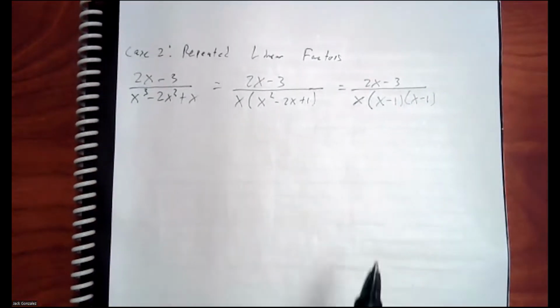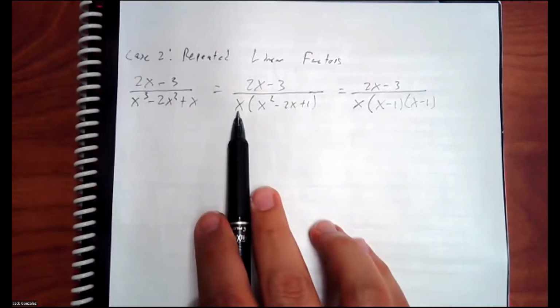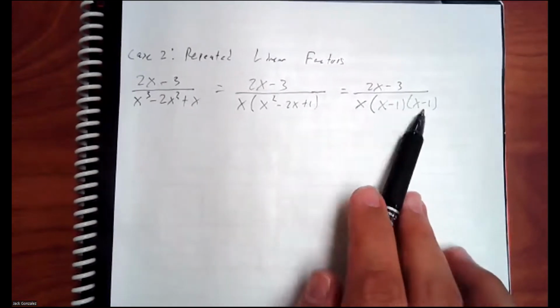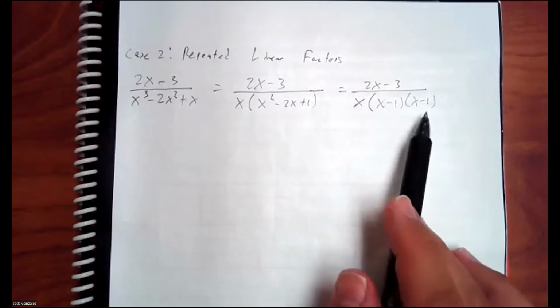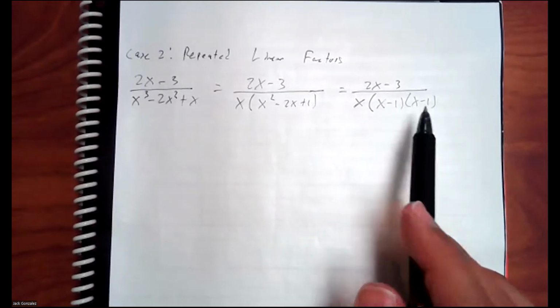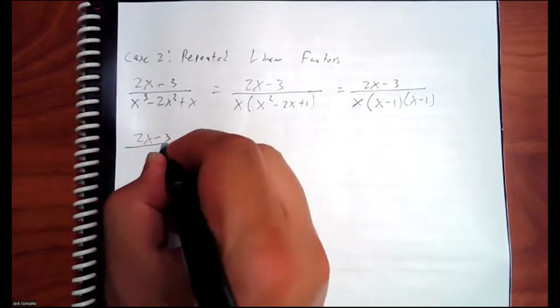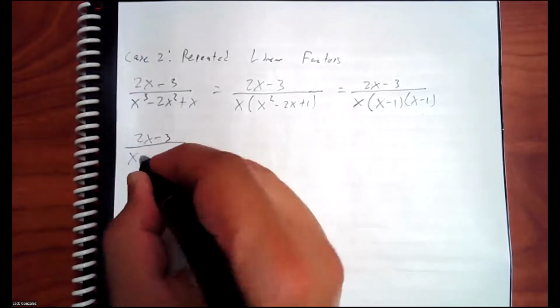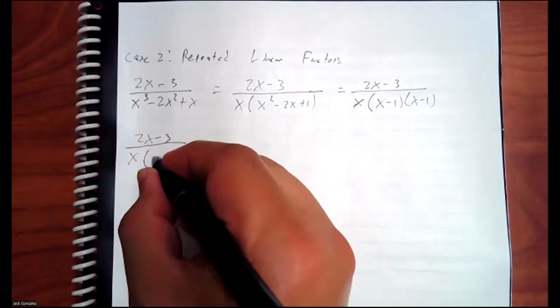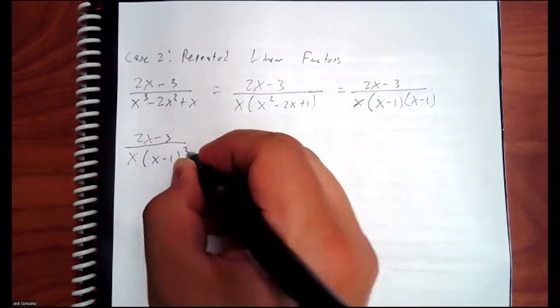So you first factor the x out, and then you factor this into these two. That's where the repeated pops up from. So right here you get x times x minus 1 squared.